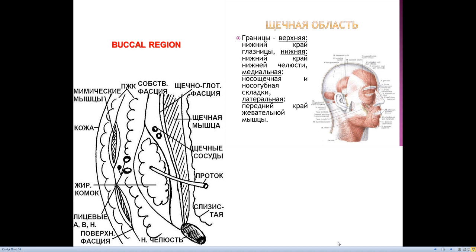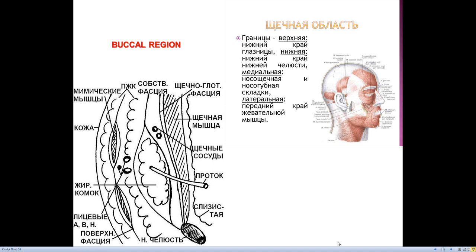Facial muscles of facial expression do not connect by both ends to the bone, because main function of these muscles is not to move the bones.